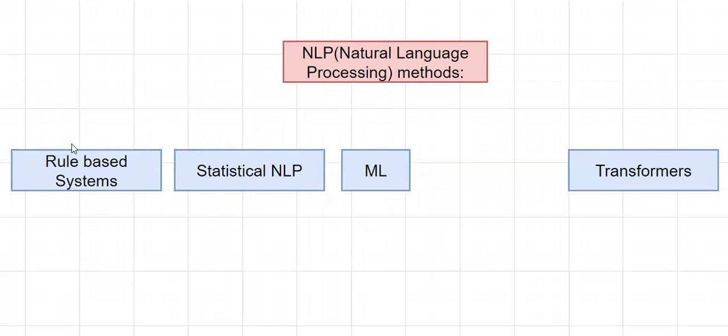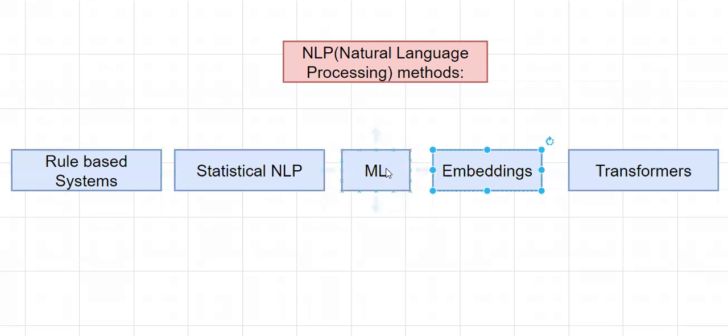At first, we moved on with rule based systems. To overcome the limitations we faced with rule based systems, we moved towards statistical NLP. While using statistical NLP also, we got some more limitations, so in order to overcome that, we moved to ML methods to process our natural language.